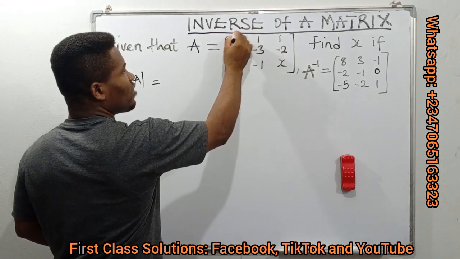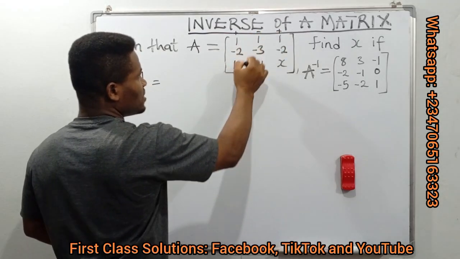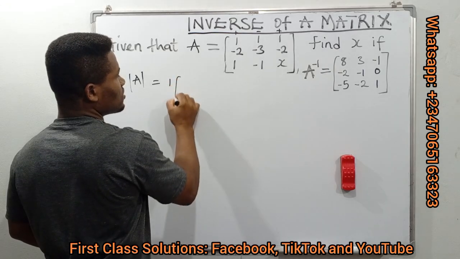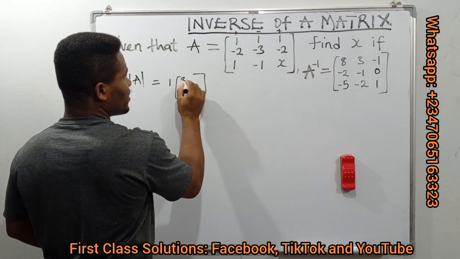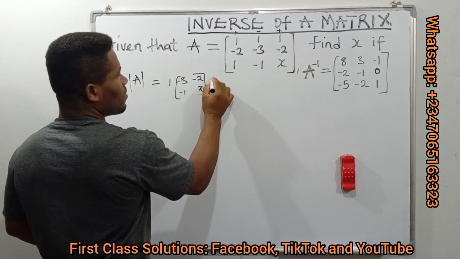In this first row, we have plus, minus, and plus. The first cofactor is 1 into, when you cover the first row and first column, we have minus 3 and minus 2, into minus 1 and x.